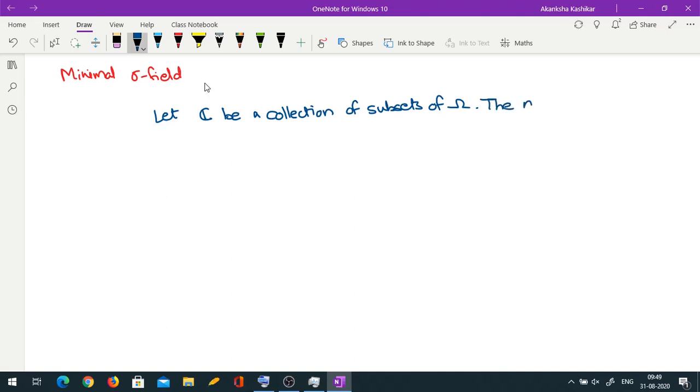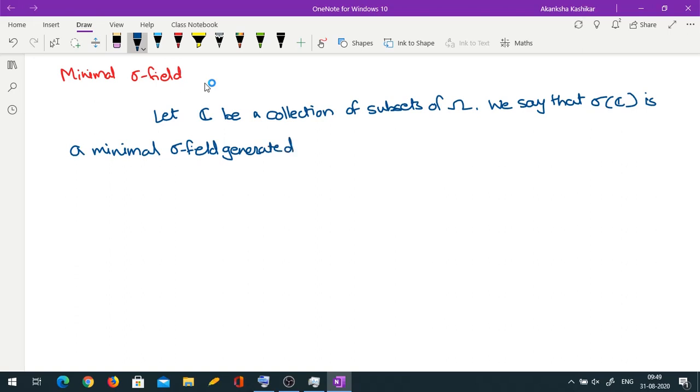The minimal sigma field, we say that sigma C is a minimal sigma field generated by C if it fulfills the two conditions.